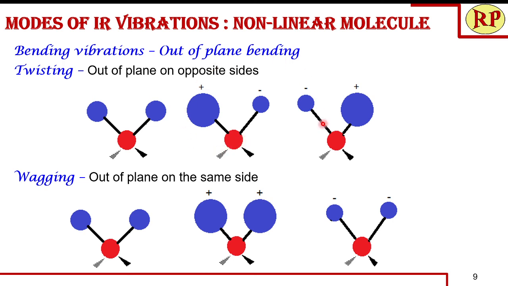If I assume that my plane is the paper, the side atoms are moving either above the plane of the paper or below the plane of the paper. So these are the different types of bending vibrations in a nonlinear molecule.